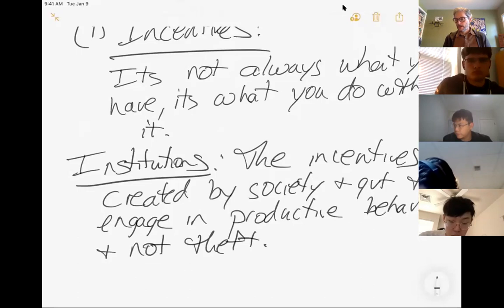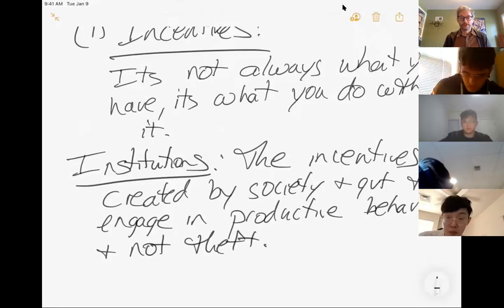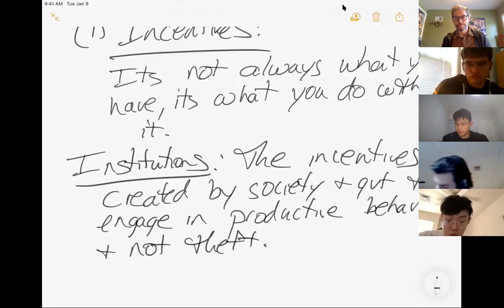Okay? So the incentives that are created by society and government to engage in productive behavior and not theft.